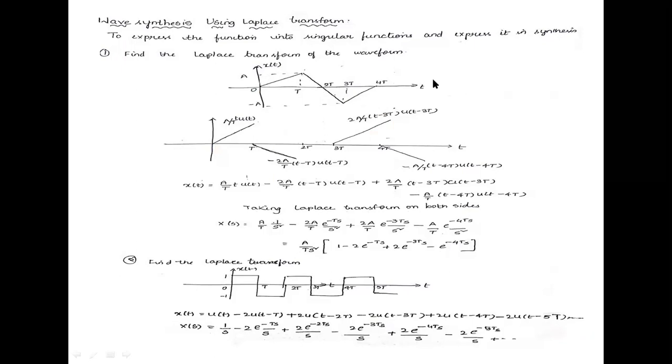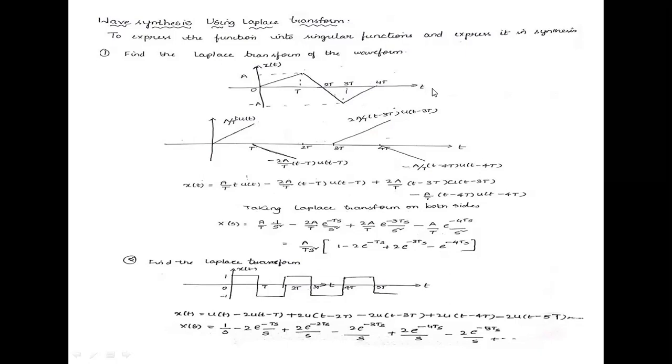There is a slope given from 0 to T. The slope increases linearly up to the magnitude of A, and at 2T it passes through the origin, where it is 0. Then there is a negative slope with magnitude minus A, and from 3T to 4T, the positive slope goes up to the 0 axis.